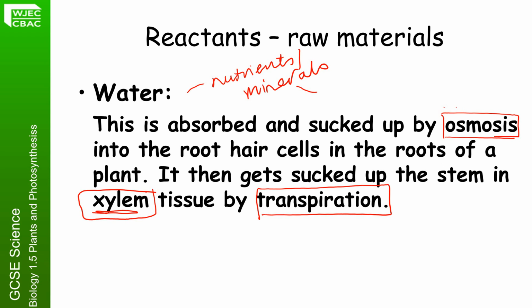Osmosis is the movement of water from high to low. Diffusion is the movement of substances from high to low, but minerals move by active transport. Active transport ensures that the substances move from low to high, because minerals are not always in high concentrations in soil.